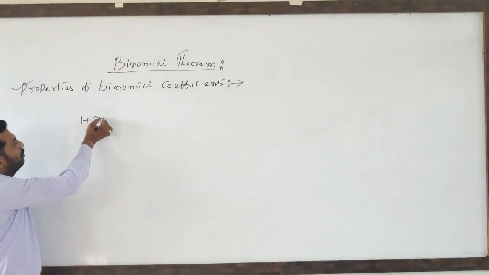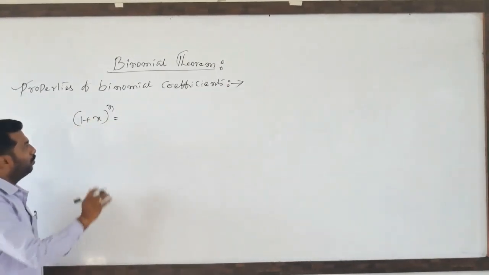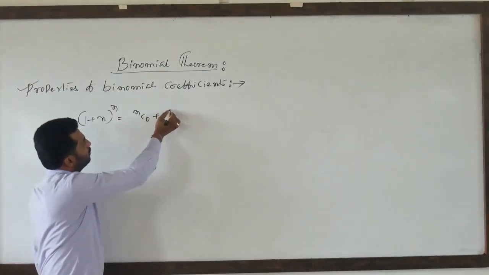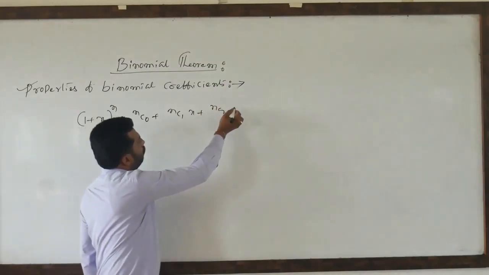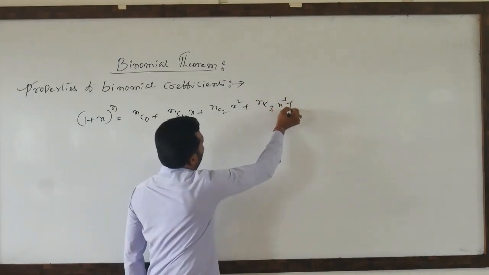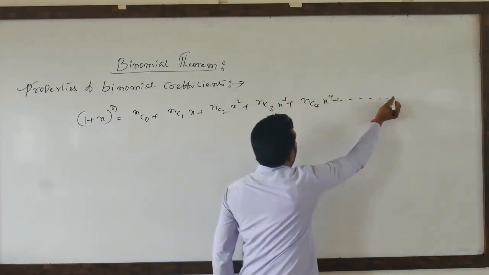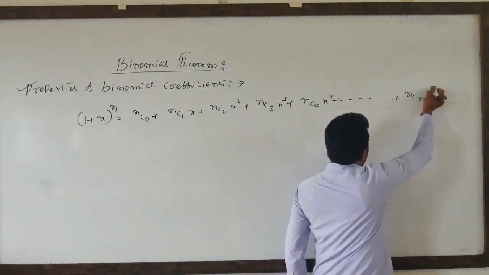So you observe (1 + x)^n. In this expansion, how do we write it first of all? nC0 plus nC1 into x plus nC2 into x squared plus nC3 into x cubed plus nC4 into x^4, and so on, nCn into x^n.